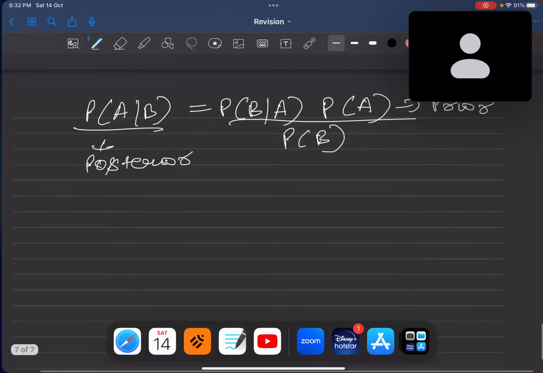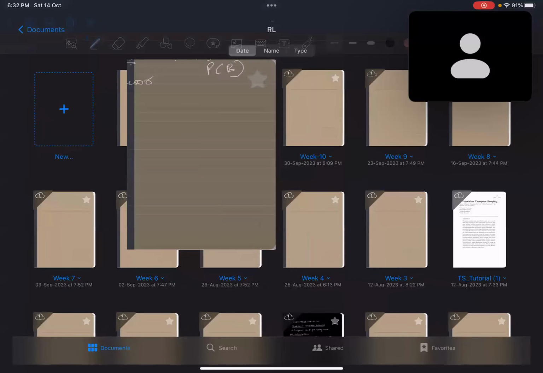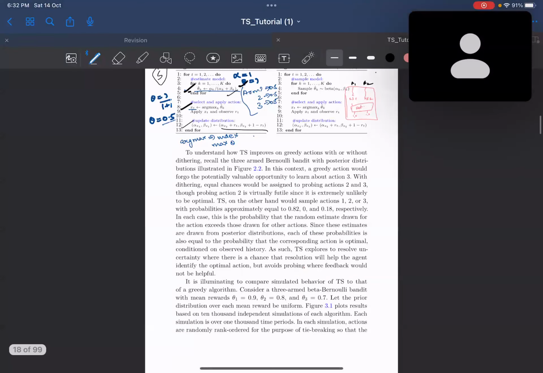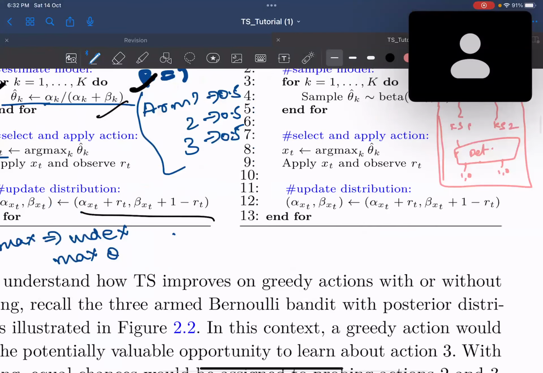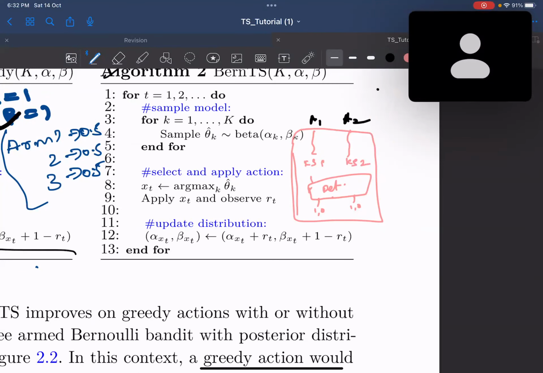Or in other words, I have arm 1, and I'll do this beta distribution. I have the arms, I'll do the beta distribution, sample the theta out of it, and then check the argmax, which one is the best, and then update the alpha and beta accordingly, whatever reward is given to me.